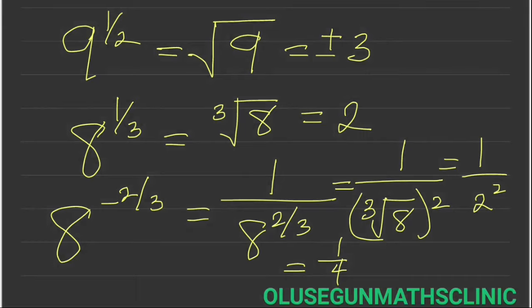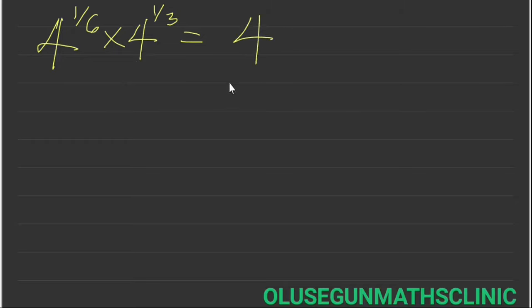So let's also have another example like somebody said 4 raised to power 1 over 6 times 4 raised to power 1 over 3. You go back to the first law. In the first law, since they have the same base, you select only one base.